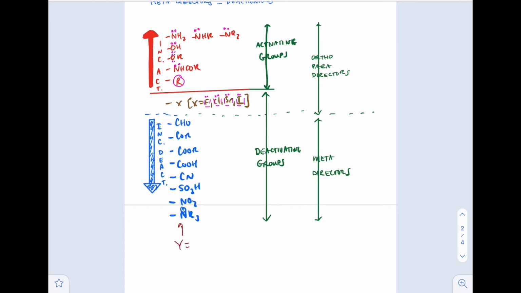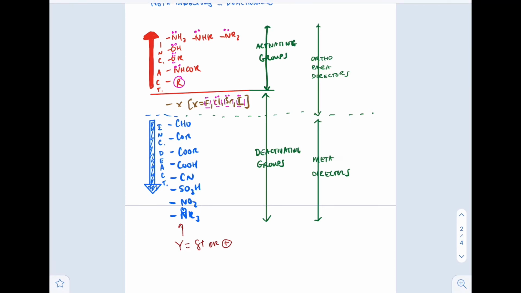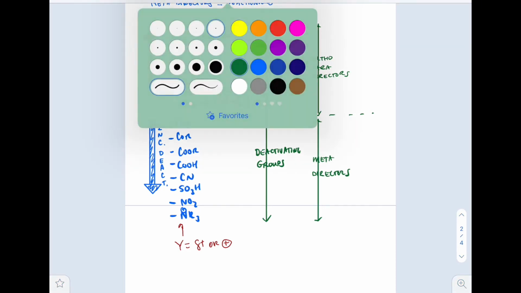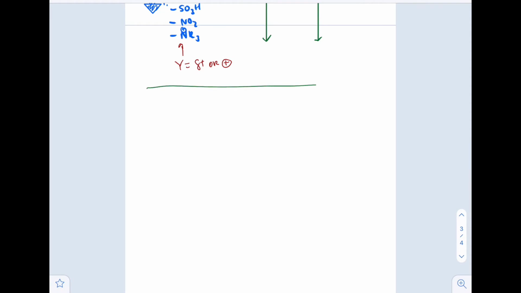That's why I drew them in pink, to kind of create a resonance structure that's supportive of an ortho-para director. And so they're in a class of their own, okay?